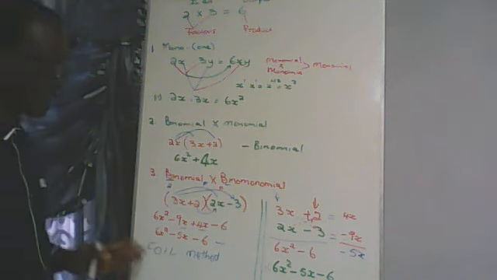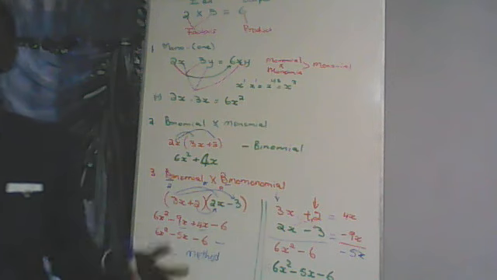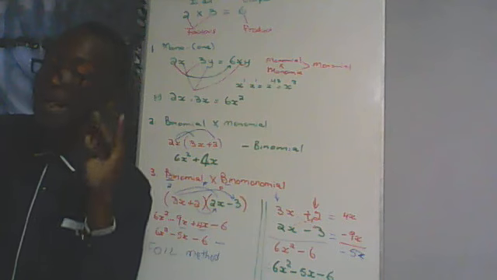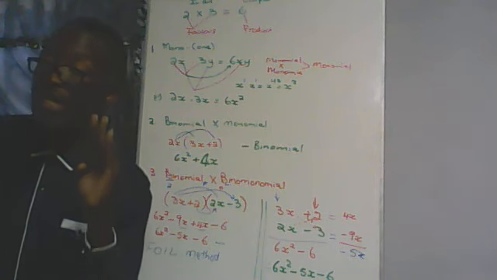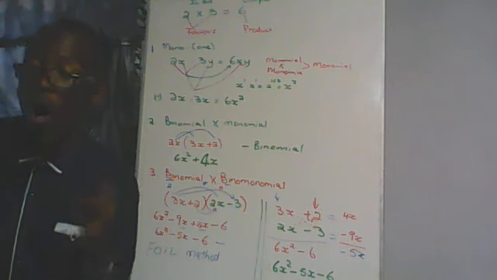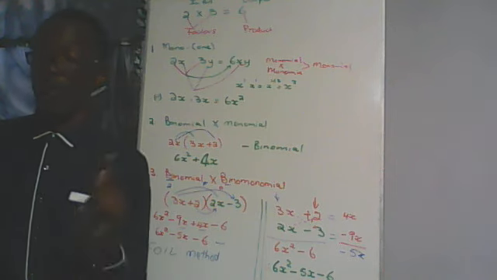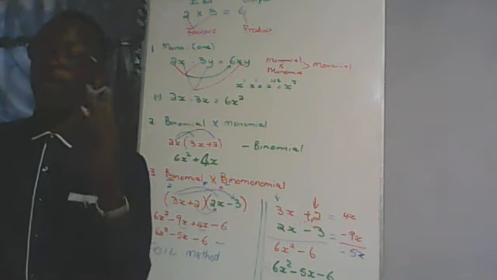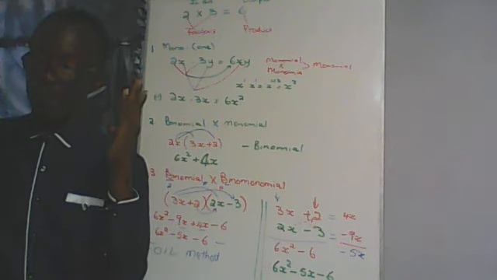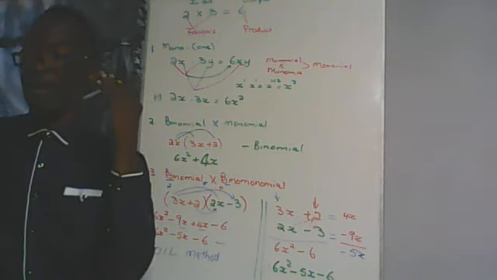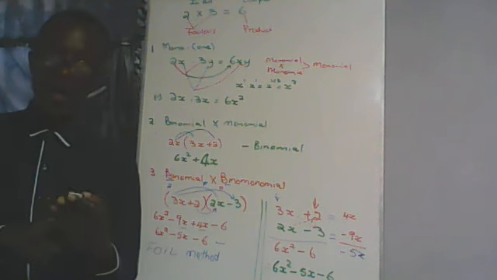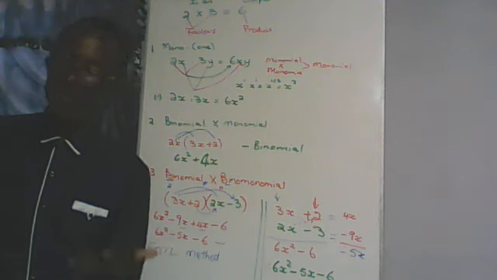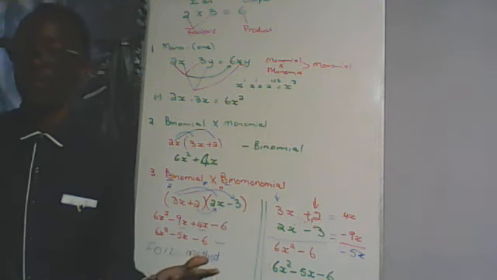So when you multiply a binomial by a binomial, it depends. You get either a 3-term expression, which is a trinomial, or a quadrinomial. Quad means 4. Therefore, a quadrinomial is an expression having 4 terms. Simply put, that's it.